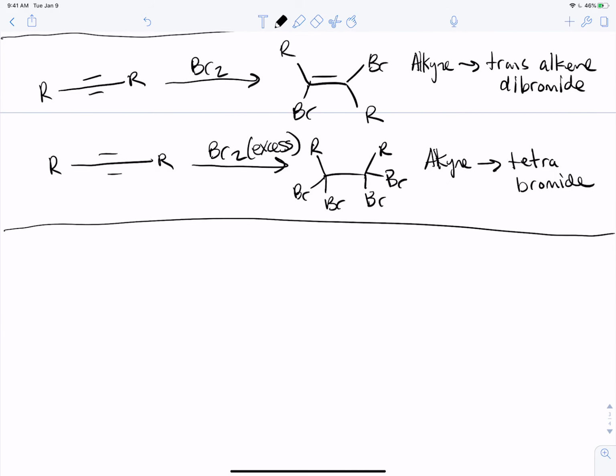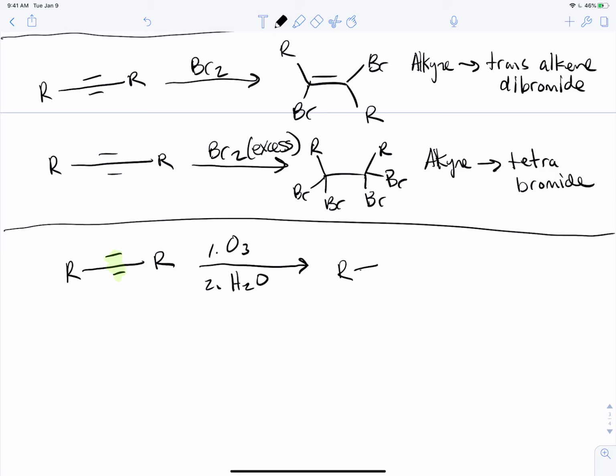Okay, and then finally our other generic type of reaction that we're going to learn for alkynes is ozonolysis. I'm going to use the same conditions we used for alkenes. Remember when we looked at alkenes, we would take the double bond, cut it in half, and then cap it with oxygens.